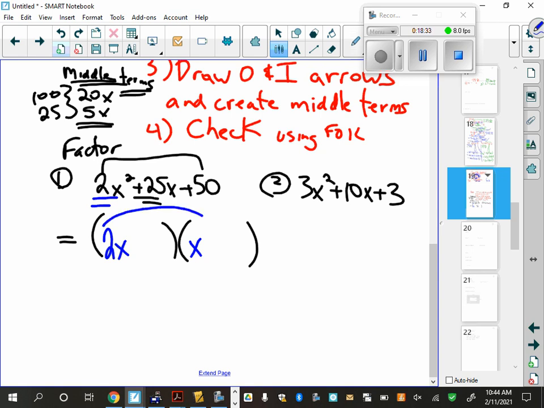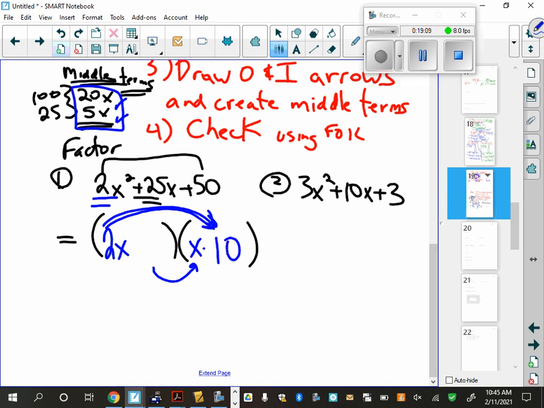Next step is draw the O and the I arrows, and that will create our middle terms. Our middle terms are right here, 20x and 5x. So 2 times what? I'm looking over here. 2 times what equals 20 or 5? So 2 times what equals 20? 10. So I put 10 here.